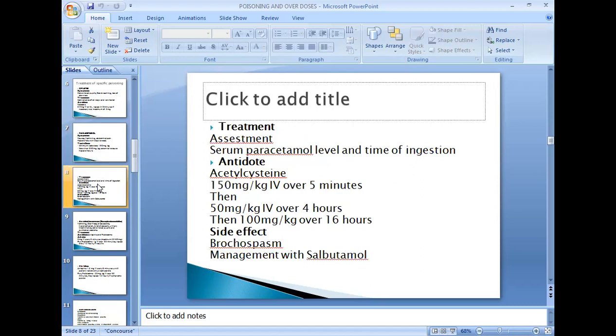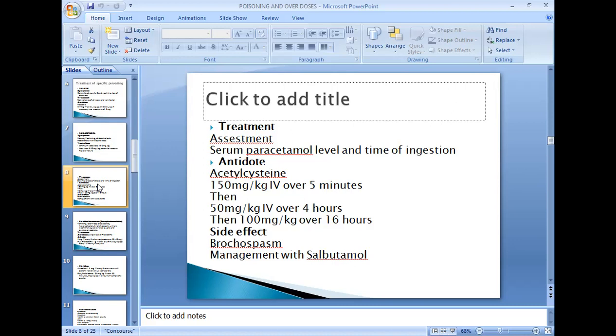Acetylcysteine is most effective within 8 hours of ingestion. 150 mg per kg IV can be given over 5 minutes, then 50 mg per kg IV over 4 hours, and then another dose of 100 mg per kg over an extended time, that is 16 hours, depending on the recovery of the patient.